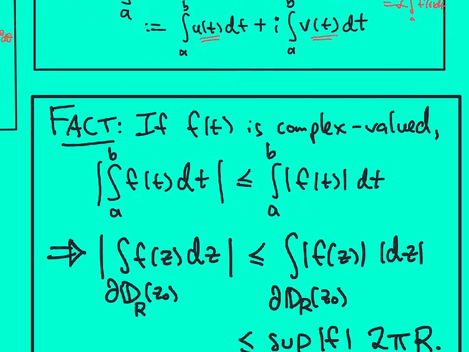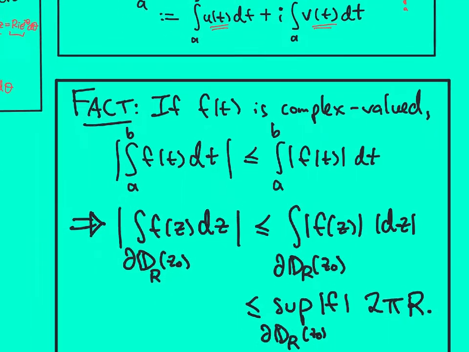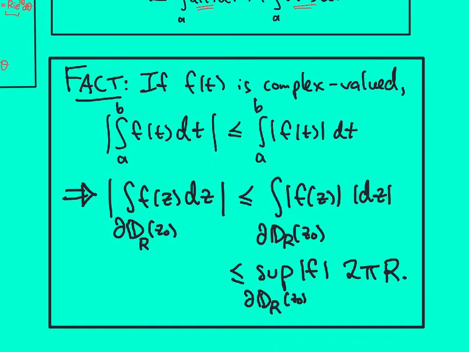One important fact we'll use a number of times is that a complex integral in absolute value is less than or equal to the integral of the absolute values. And this, in the context of our integrals on circles, will say that our complex line integral on the circle here is bounded by the modulus of f integrated with respect to arc length, so that's important.